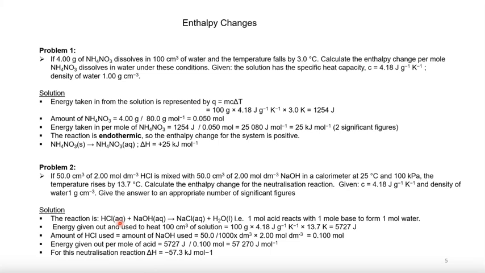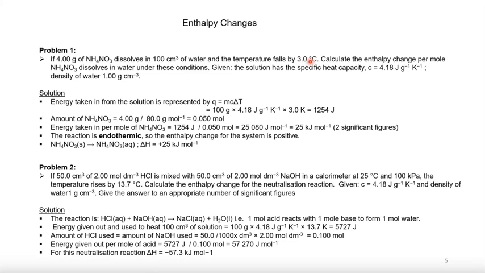So problem 1: we take 4 gram of ammonium nitrate and dissolve it in 100 cubic centimeters of water, and we notice that the temperature falls by 3 degrees Celsius. We are asked to calculate the enthalpy change per mole of ammonium nitrate dissolving in water under this condition.